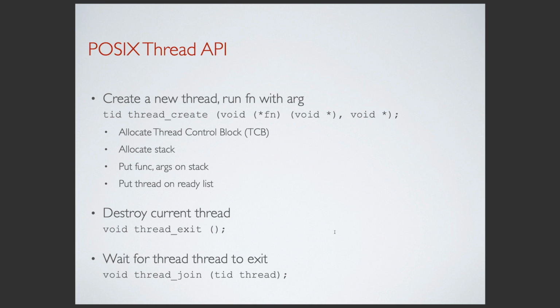But that's it, right? We now have to switch the stack, the memory map, and so on. Of course, you can destroy a thread, and you can wait for a thread to exit, a little bit like the wait for a process.